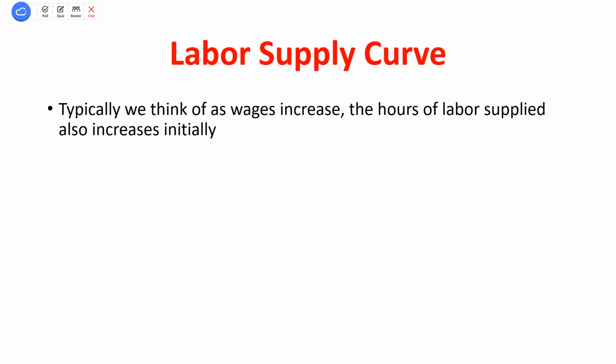And this is what we would call a substitution effect. When we're talking about labor supply and you choosing to supply hours of your labor, you're making a choice between working and not working, or what we usually call labor and leisure, right? So if you pay me more, that wage goes up. Every hour of leisure I take, every hour I don't work, the opportunity cost is now higher, right?